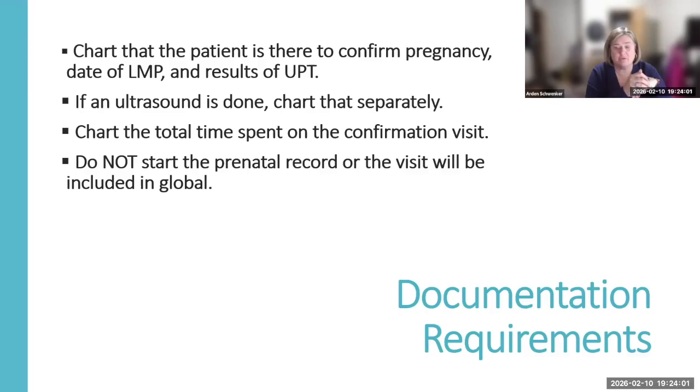It's no longer a confirmation of pregnancy because you already know they're pregnant. And also confirmation of pregnancy visits cannot be billed after 12 weeks. They can only be billed up to 12 weeks gestation.